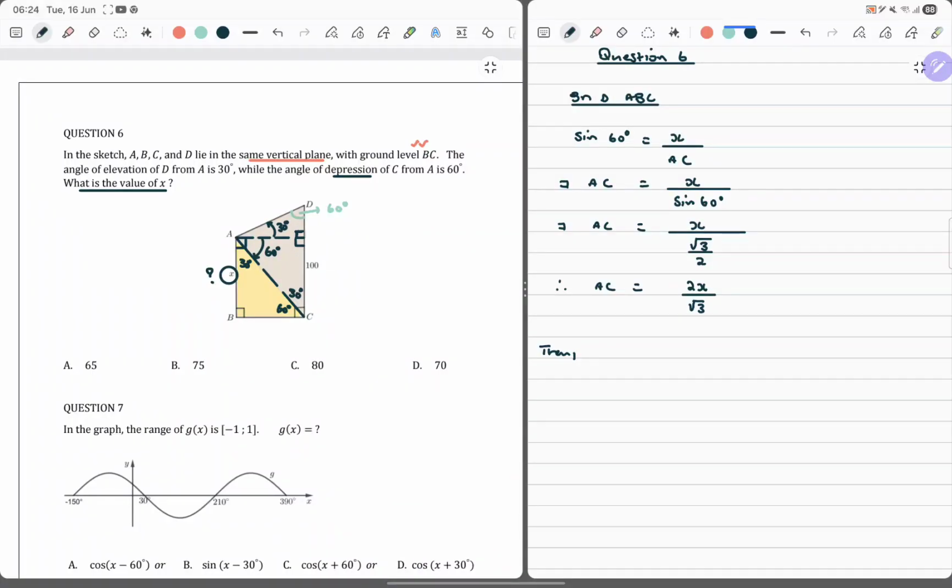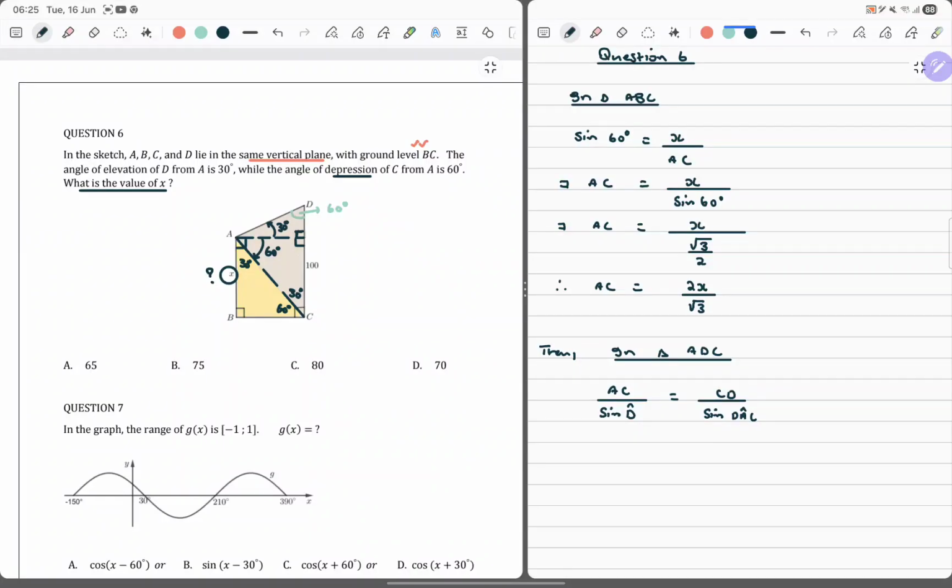We can say then, if we look at the other triangle, in triangle ADC or ACD, we will see that AC is still there, so we can use it. AC over sine of D is going to be equal to CD over the sine of the angle DAC.